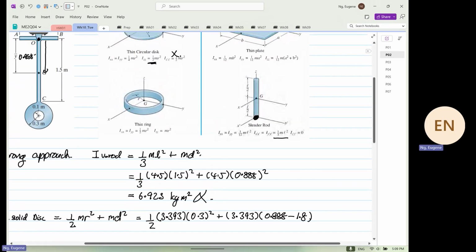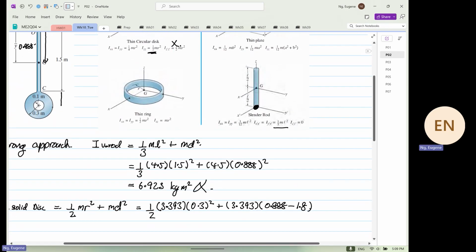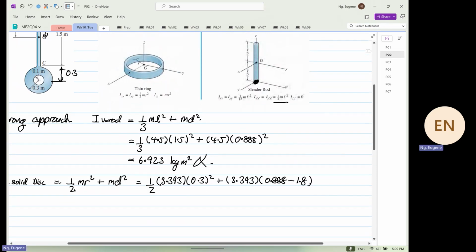Okay, 1.8 because the distance from here to the center of gravity is equal to 0.3. So from here you get 0.888 minus 1.8. Oh, there's a square, beg your pardon. Squared times 3.393 plus 0.5 times 3.393 times 0.3 times 0.3. You get 2.975.